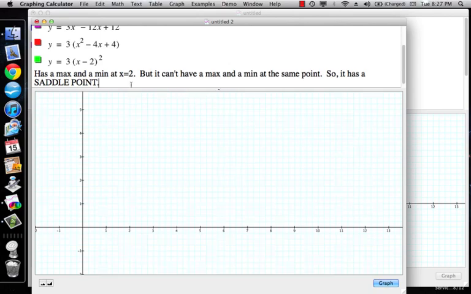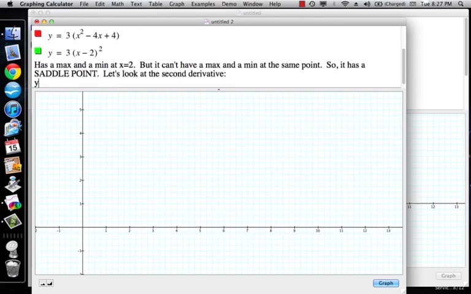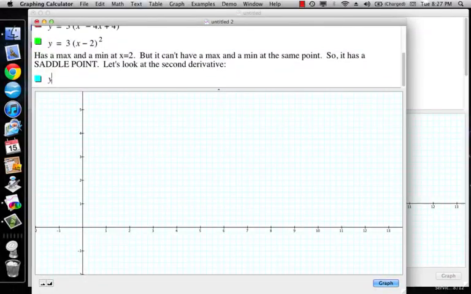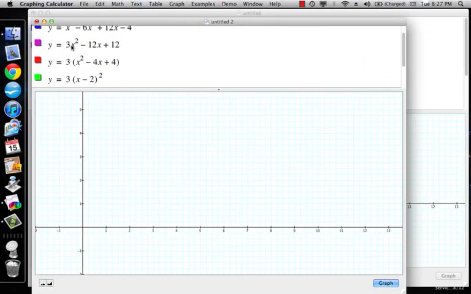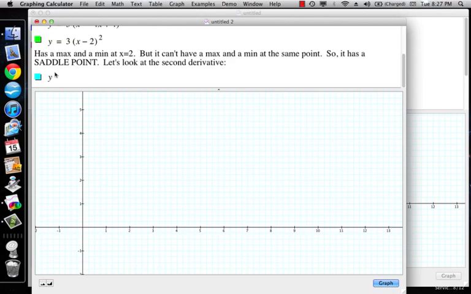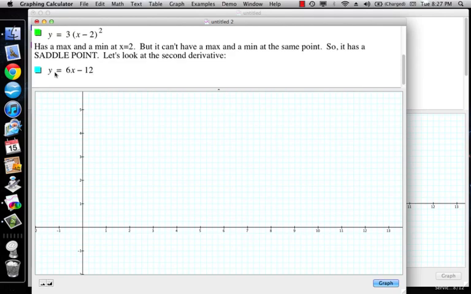Let's look at the second derivative. The derivative of this is going to be 6x minus 12. The second derivative also has a 0 at x equals 2.